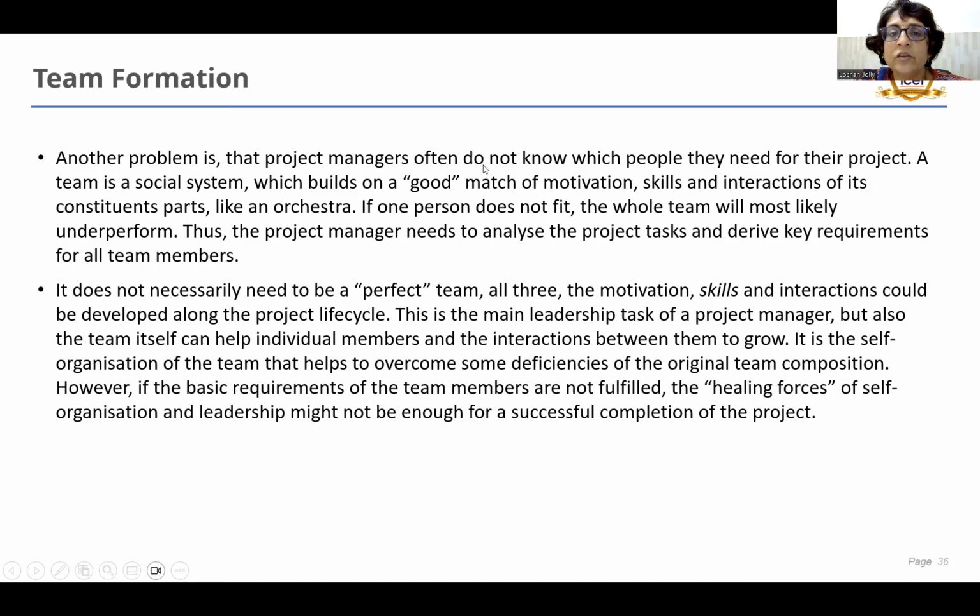The project managers often do not know which people they need for their project. A team is a social system which builds on a good match of motivation, skills, and interaction of its constituent parts. If one person does not fit, the whole team will most likely underperform. Thus, the project manager needs to analyze the project task and derive the key requirements.